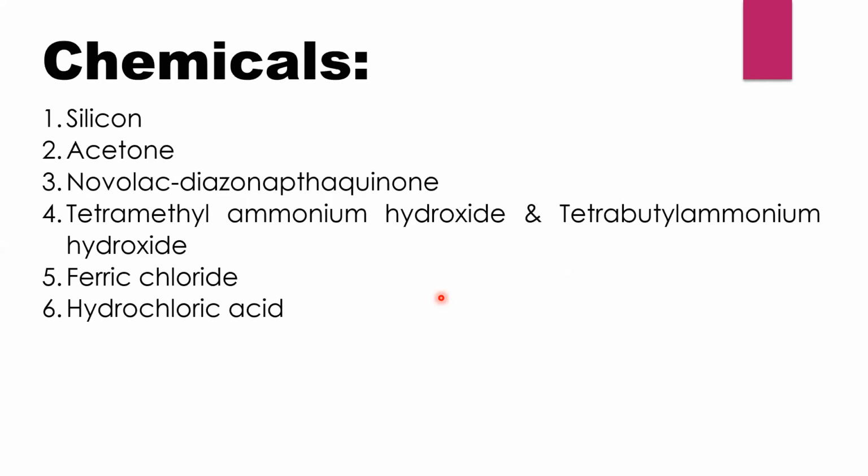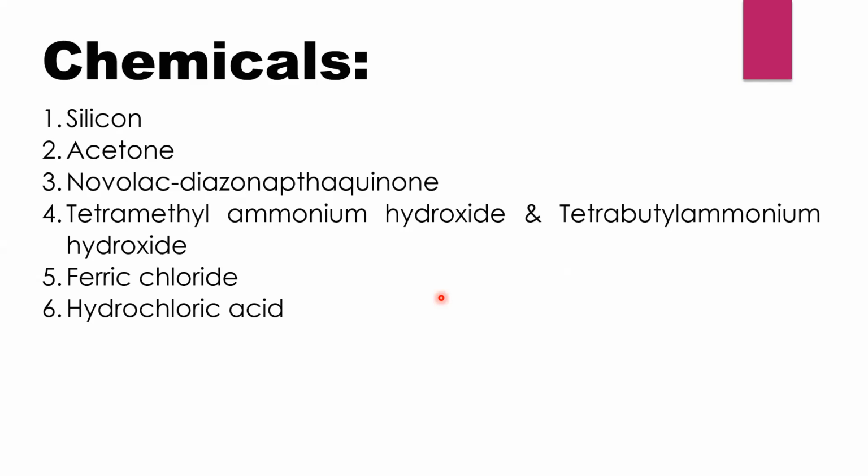The fourth chemical is tetramethyl ammonium hydroxide and tetrabutyl ammonium hydroxide. The fifth one is ferric chloride. And the sixth chemical is hydrochloric acid.